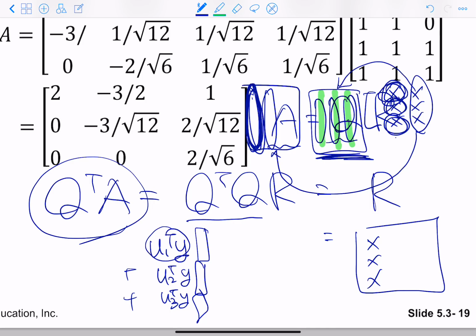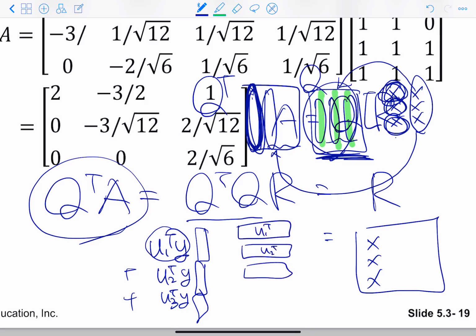We just multiply, this is Q, and we have Q transpose, where we have U1 transpose, U2 transpose, U3 transpose, and then we have the first column of A, and then there's U1 transpose y, U2 transpose y, U3 transpose y, so that will become our linear combination coefficients.